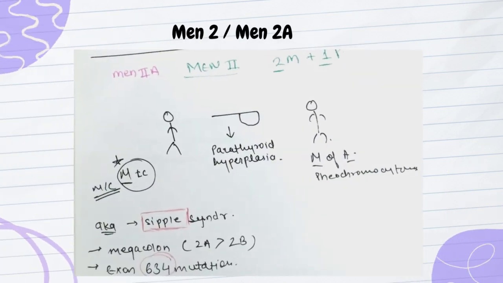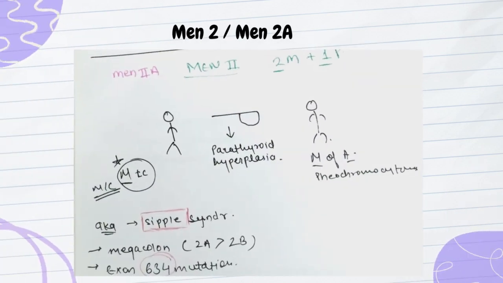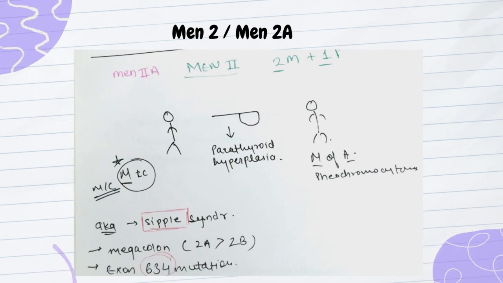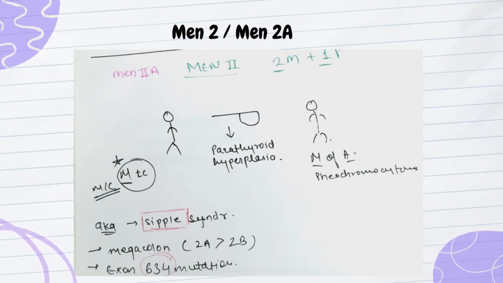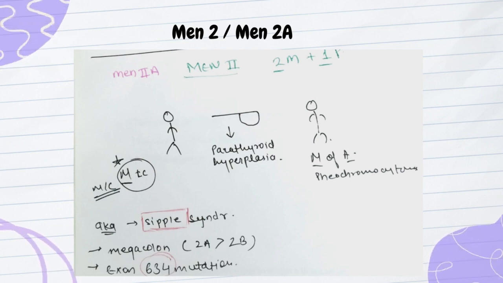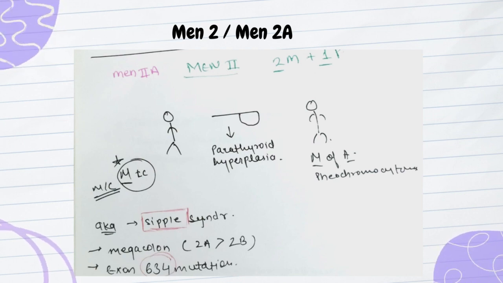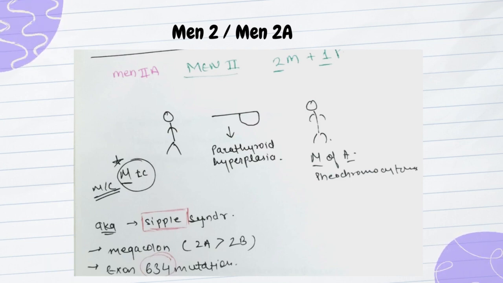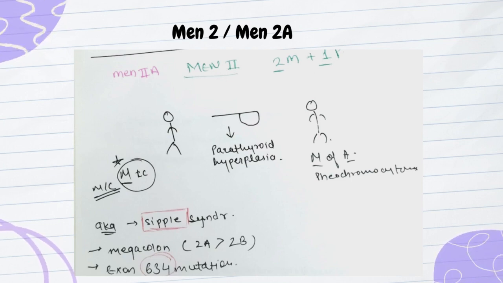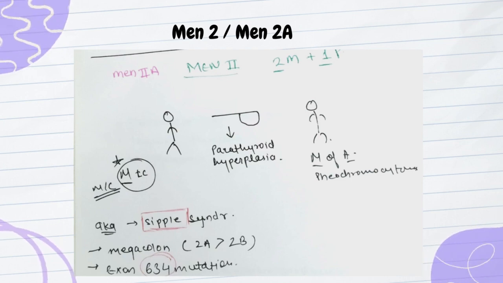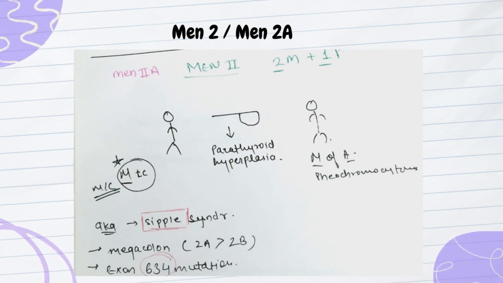Another is MEN 2. MEN 2 is also called MEN 2A. Remember this is very important. MEN 2 is also called MEN 2A, and MEN 3 is called MEN 2B. Okay, so don't get confused in that. MEN 3 is also called MEN 2B. Now this is MEN 2A.